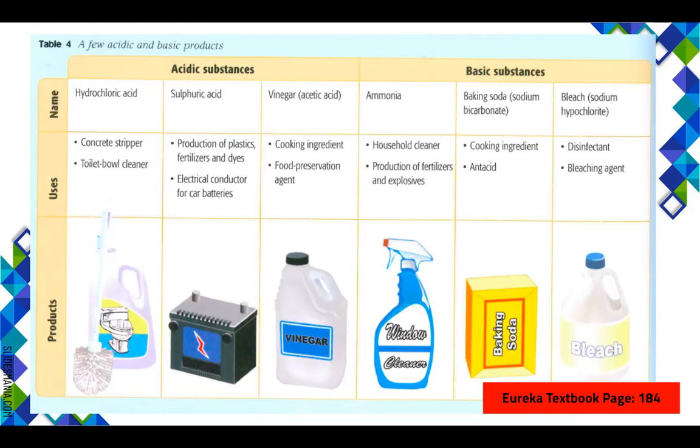It's a cooking ingredient or an antacid. Bleach, which is sodium hypochlorite. It's a disinfectant, a bleaching agent. So you've used bleach to disinfect things, but you've also seen that bleach is used to get white colored clothing to be the whitest that it can be.